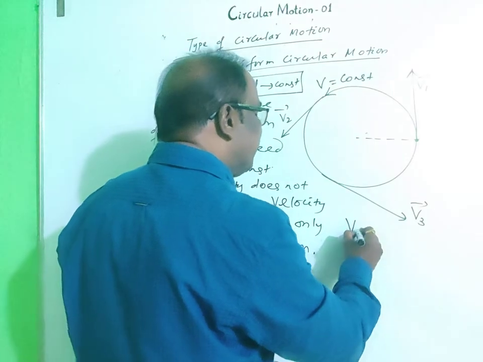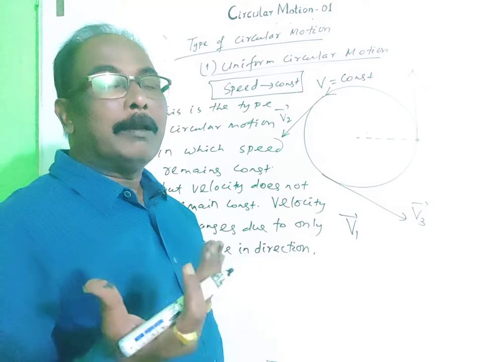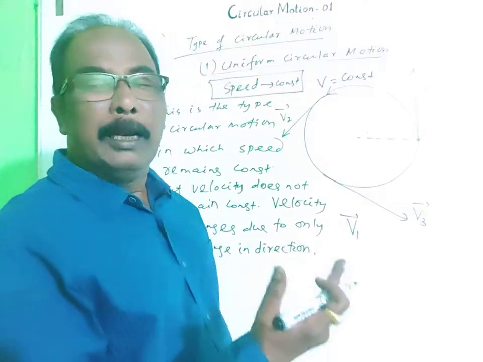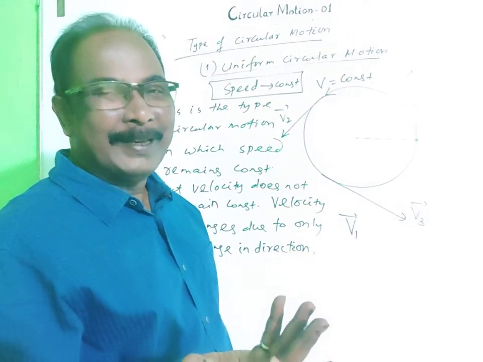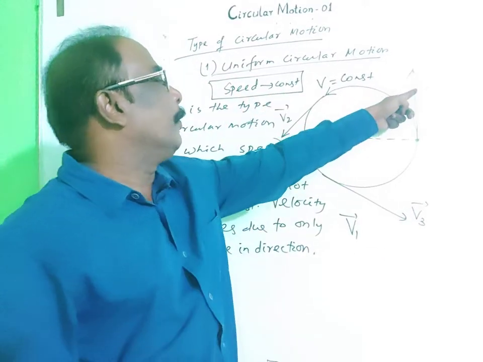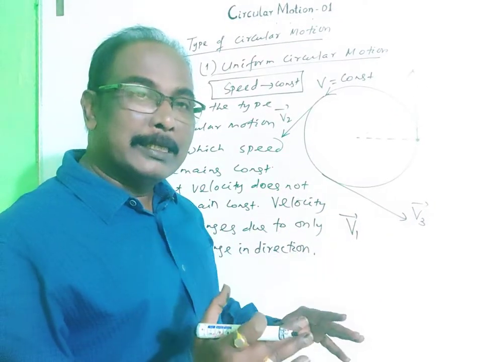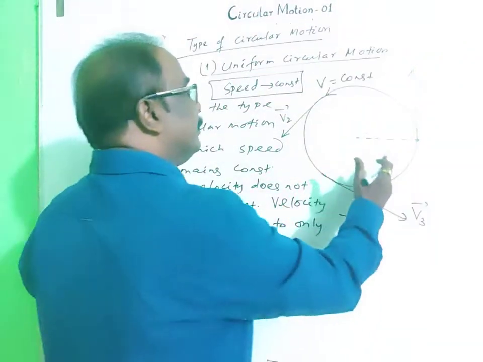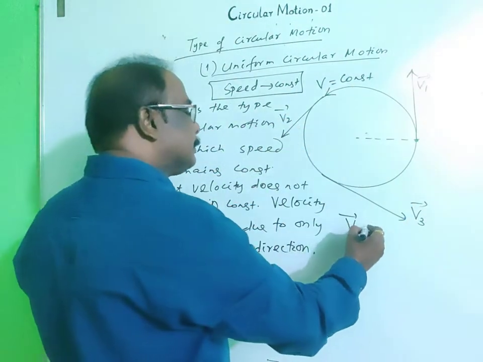So you may observe that velocity is a vector quantity. A vector changes due to only change in magnitude, or due to only change in direction, or due to change in both. Thus velocity may change due to only change in speed, or due to only change in direction, or due to change in both. Here velocity changes due to only change in direction. So you may take number of tangents which are not same.